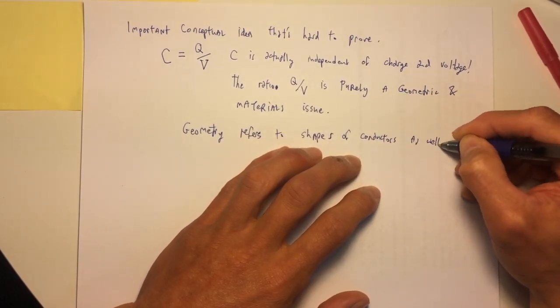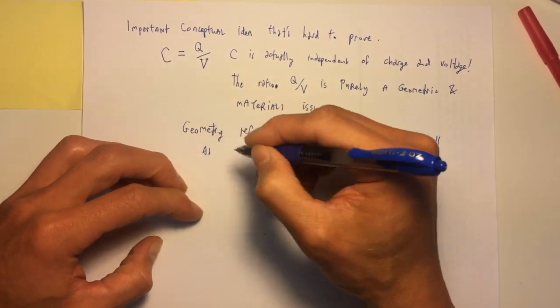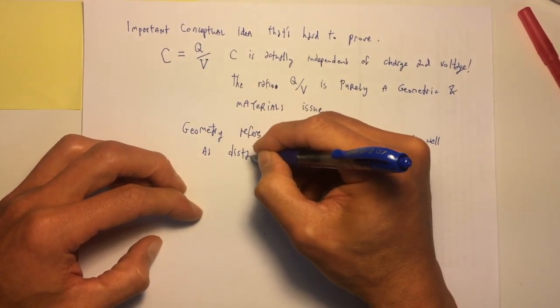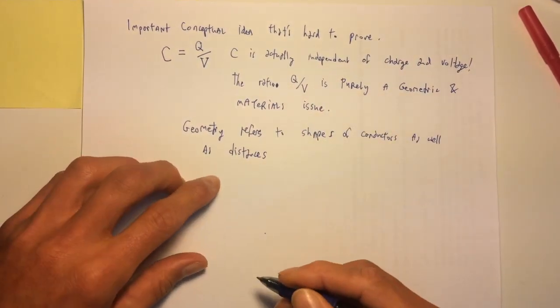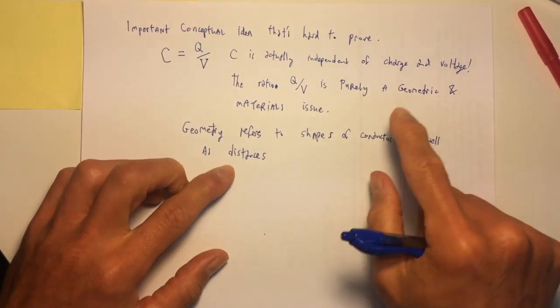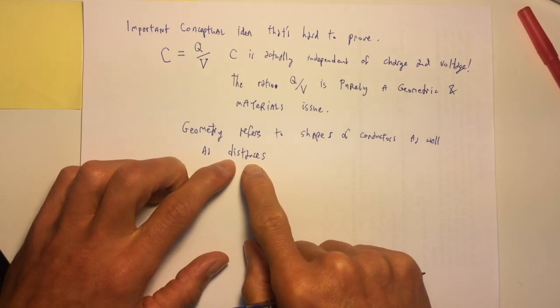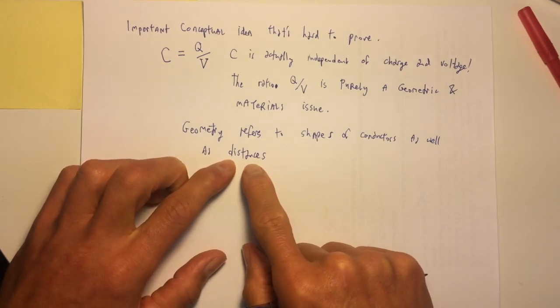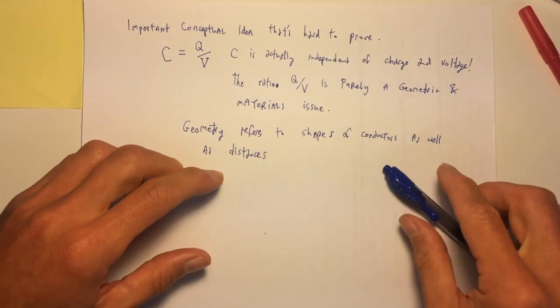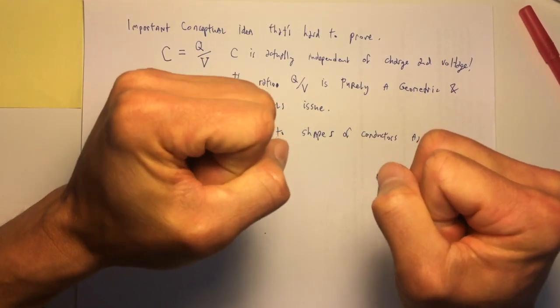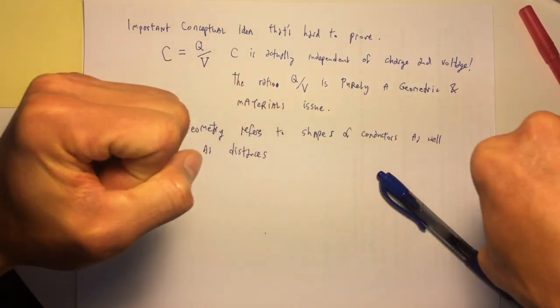as well as distances. So all the geometric issues, like what the shapes of the conductors are, how far apart or close to each other they are, and in what orientation. For example, are the two lumps like this, or like that?